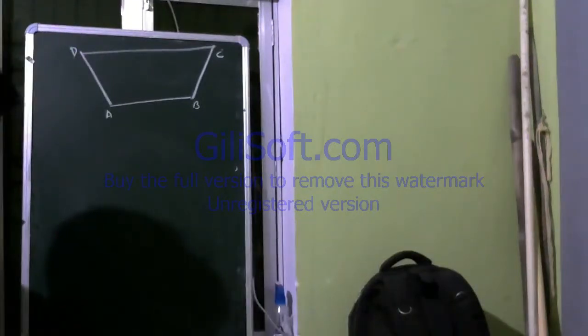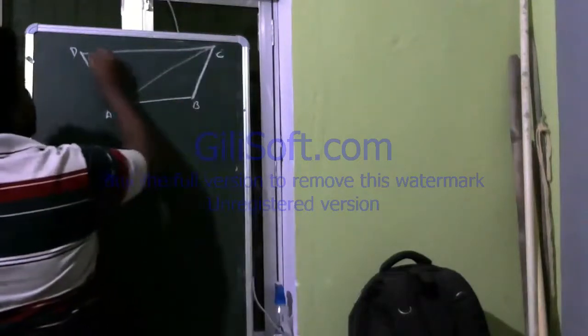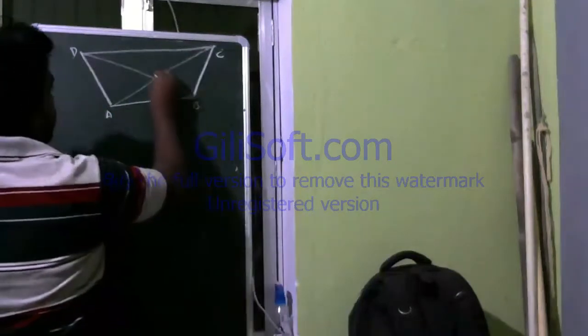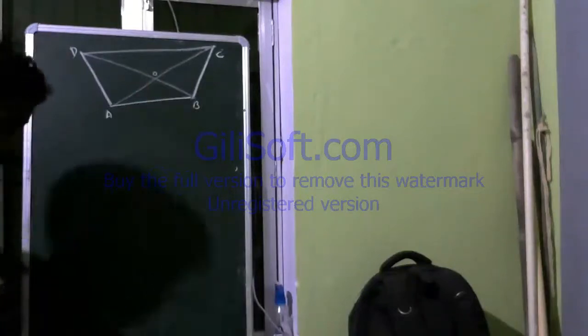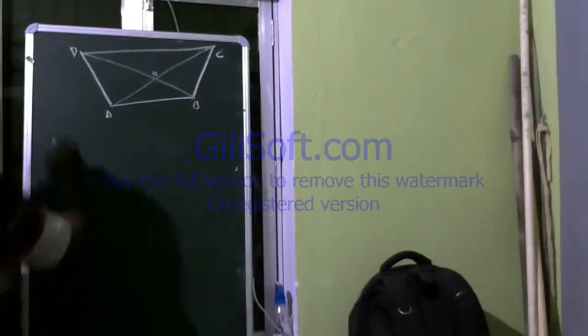The diagonals of a quadrilateral ABCD intersect each other at point O. Look here, they are diagonals. Diagonals intersect each other at point O. Okay. Now, such that it is given. What is given?